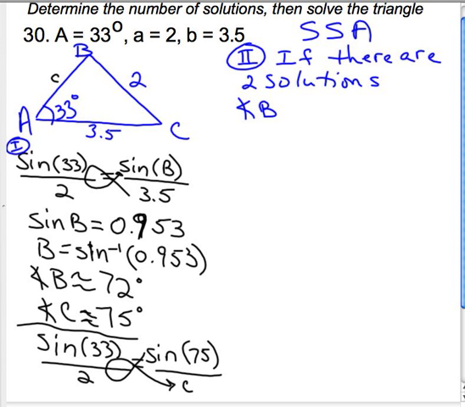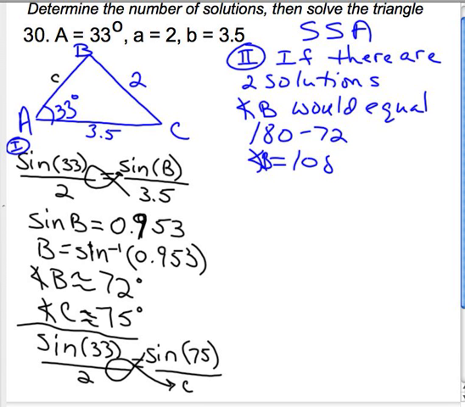angle B would equal the supplement. So 180 minus 72. If there are two triangles, angle B is going to be equal to 108. 72, in case you're forgetting, came from there.